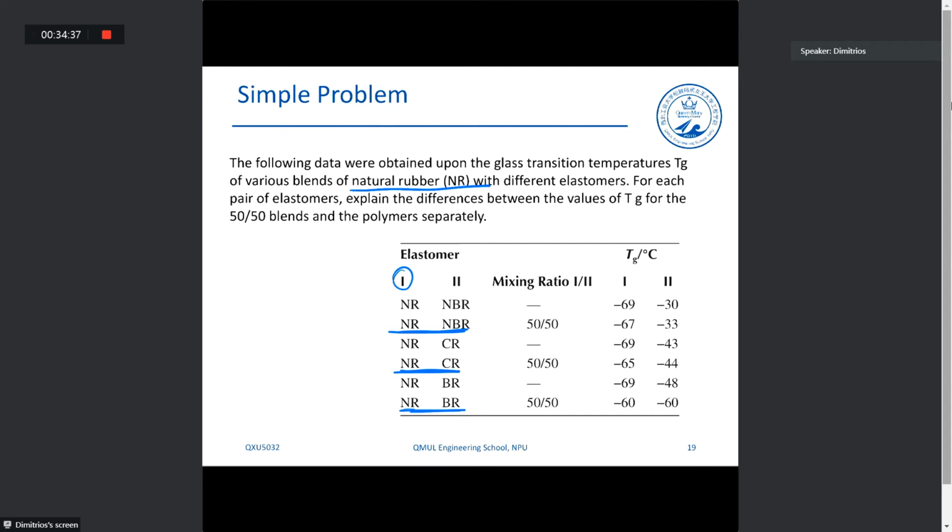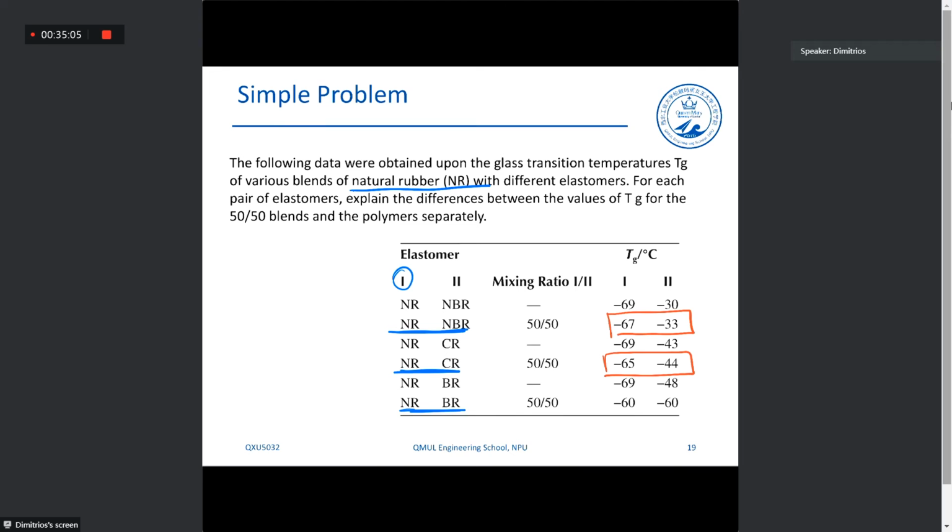You should be able to very quickly understand what's happening here. Anyway. As you can realize, by evaluating the glass transitions, you can see that this blend has 2 glass transitions. This one, the same.